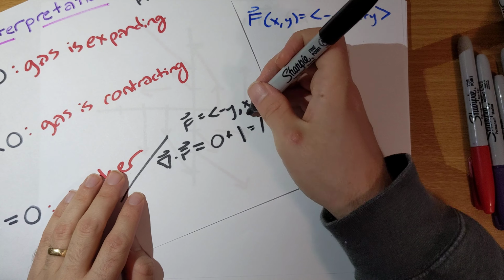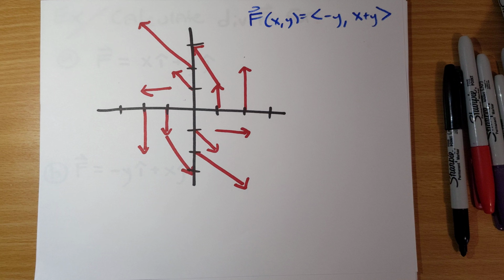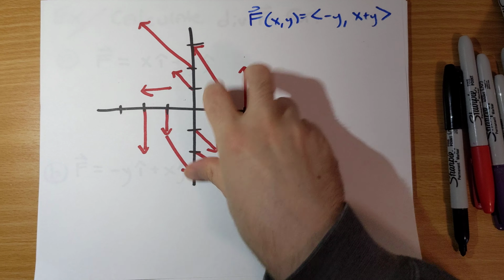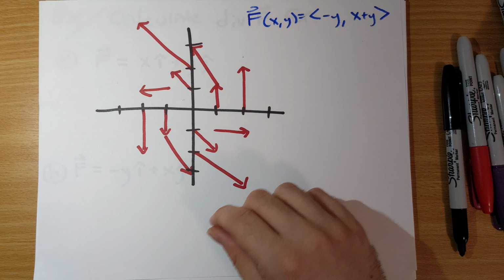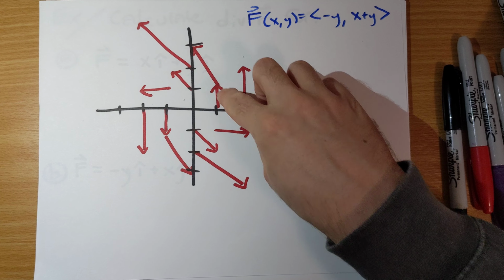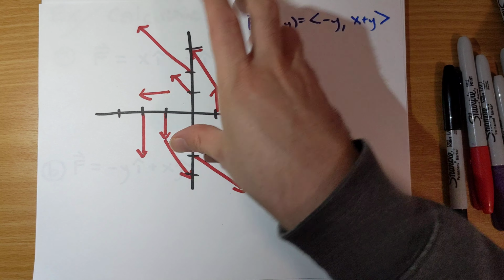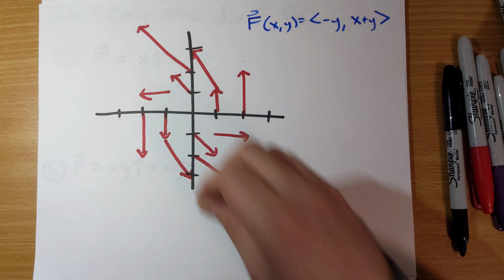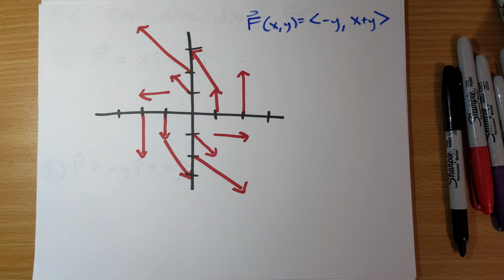So it's 1, so we are in the expansion case. And I think we can see here that there is some expansion going on, that the arrows are moving away from the middle here. They aren't moving inwards. They're moving away. There is a bit of expansion going on.